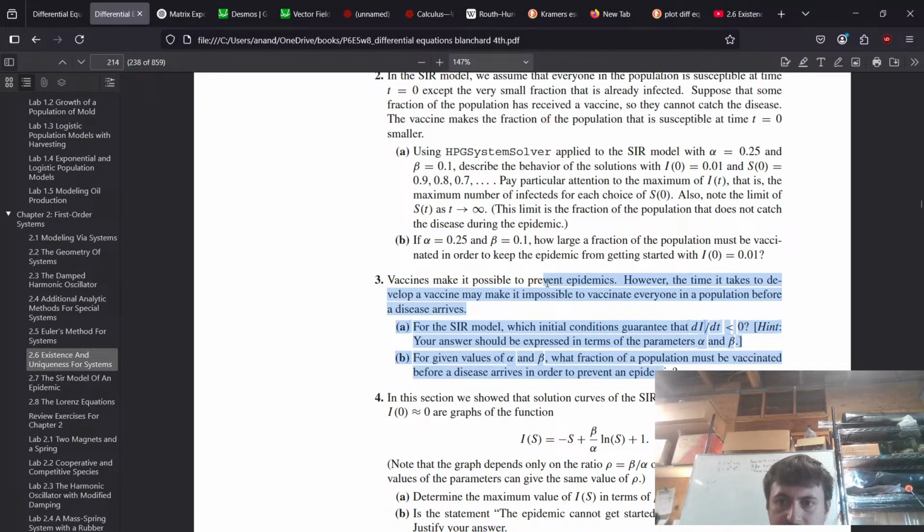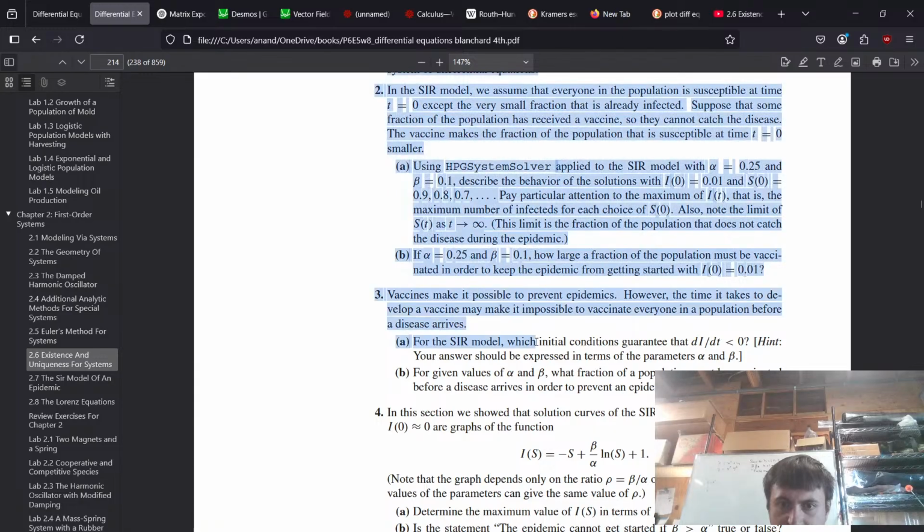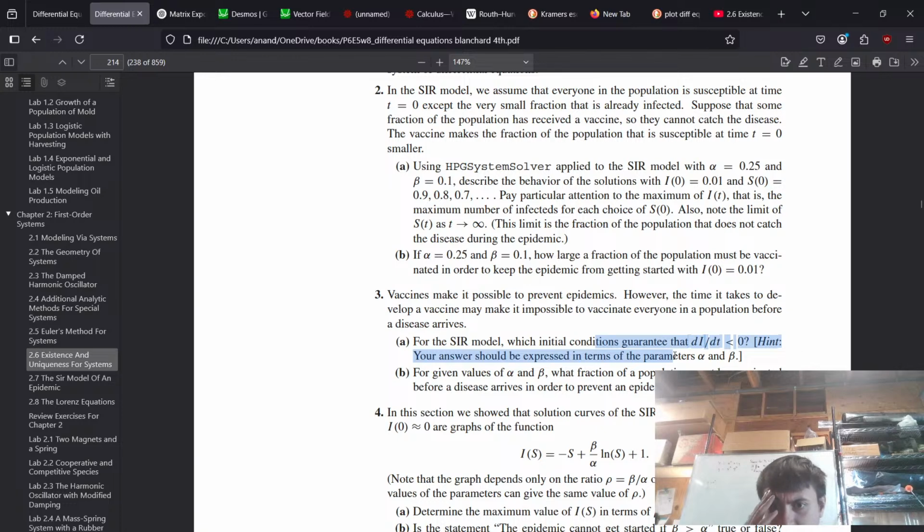However, it takes time. The time it takes to develop a vaccine makes it impossible to vaccinate everyone before a disease arrives. Which initial conditions guarantee that the change in infection rate is less than 0?